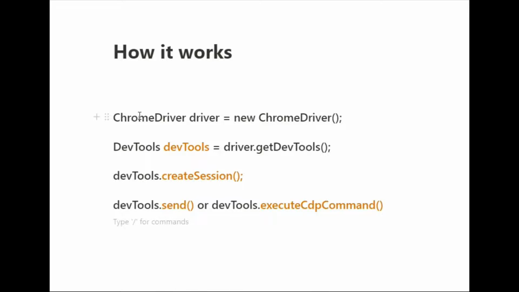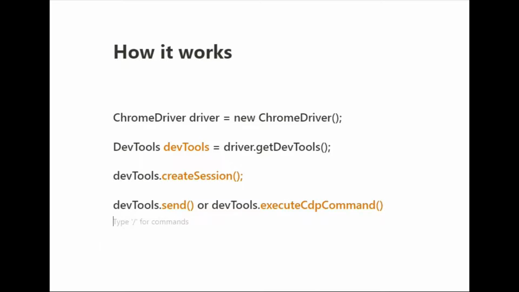So first you create an object of the ChromeDriver class, and after creating the object of this browser, you have to create an object of the DevTools class, and then you have to create a session. After creating the session, you use these two methods, send or executeCdpCommand. You can use either method; both will perform the same thing, and then you can start whatever you want to do with the Chrome DevTool protocol. I'll show you in the next slide how we can do this.